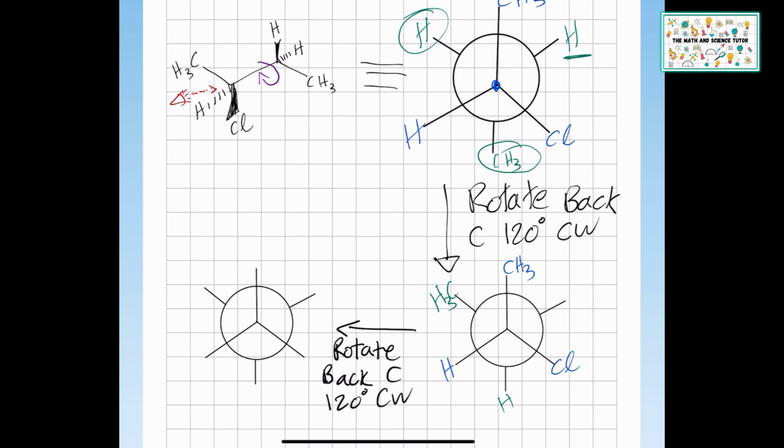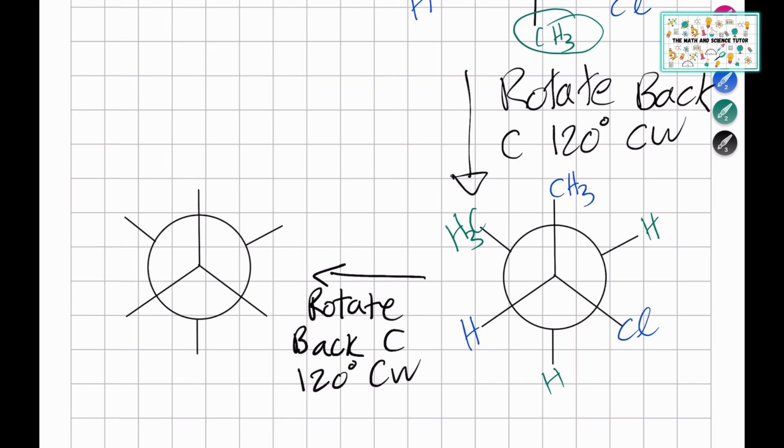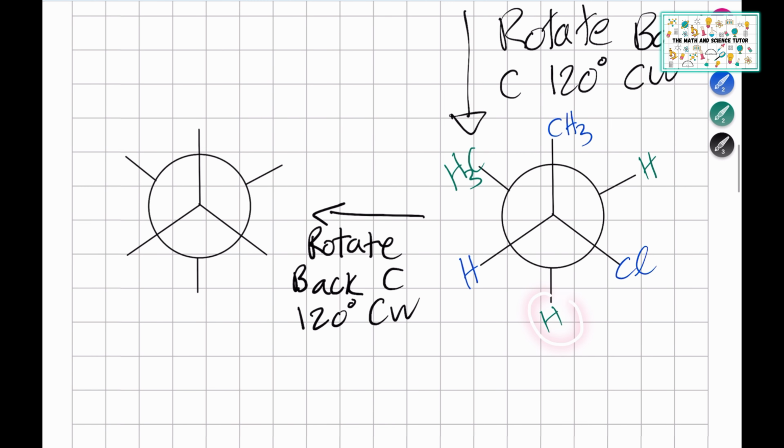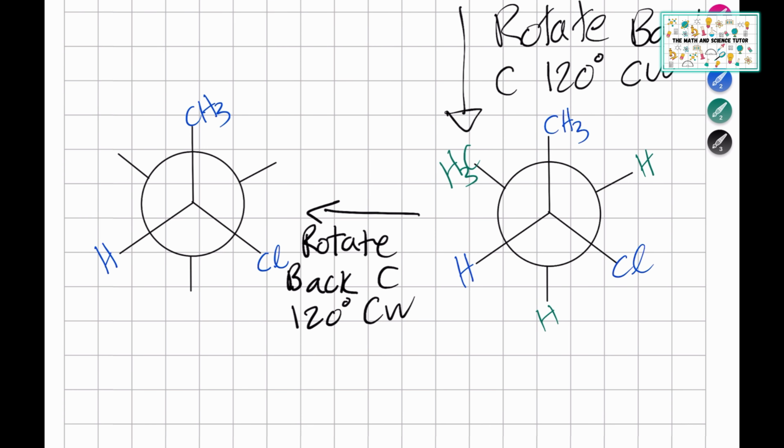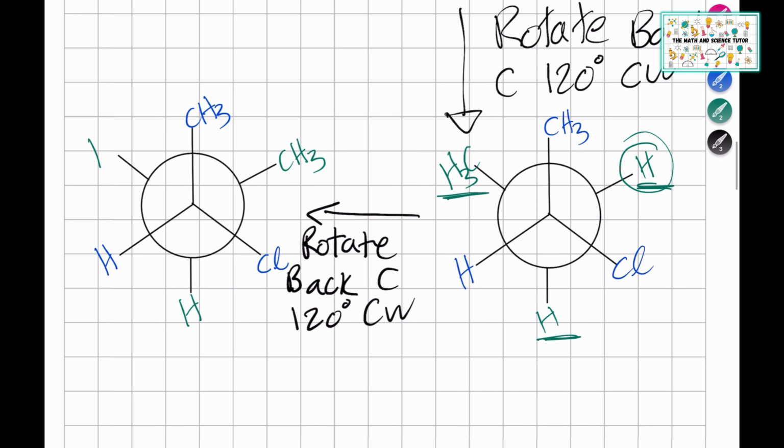And this hydrogen is going to take place of the other hydrogen. And now we want to rotate the back carbon 120 degrees clockwise again. We're moving this way. And again, we keep the front carbon the same. So the methyl group is now going to take place over here on the right side. This hydrogen is going to move down, and this hydrogen is going to go to the left side.